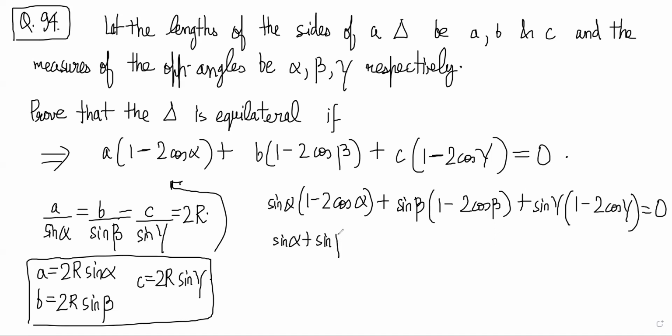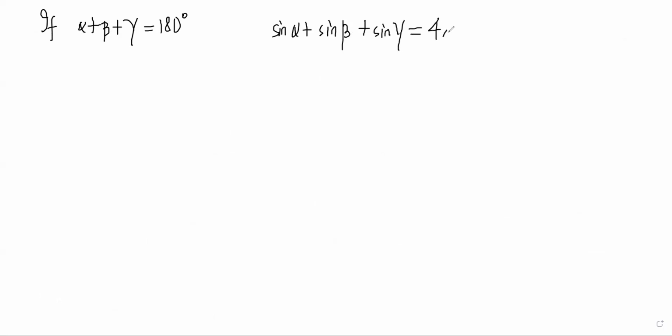Sine alpha plus sine beta plus sine gamma is equal to sine 2 alpha plus sine 2 beta plus sine 2 gamma. I have used the double angle formula here. Now, there is a simple trigonometric identity. If alpha plus beta plus gamma is equal to 180 degrees, you can prove that sine alpha plus sine beta plus sine gamma is equal to 4 cos alpha by 2, cos beta by 2, cos gamma by 2.